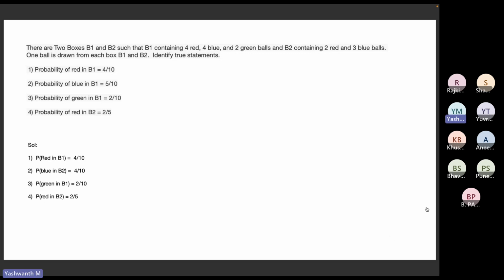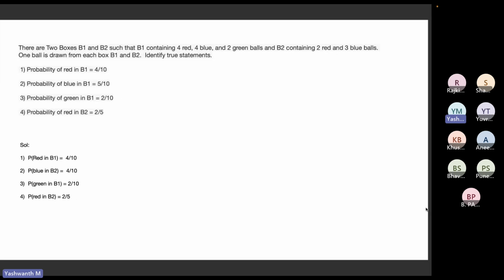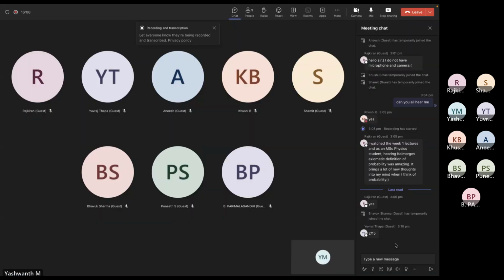It is simple because you are choosing two red balls. You can choose two red balls in 4 choose 2 ways. I think it's 2 over 15 in the end, but it is 4 choose 2 by 10 choose 2. If it turns out to be that, then that's the case.